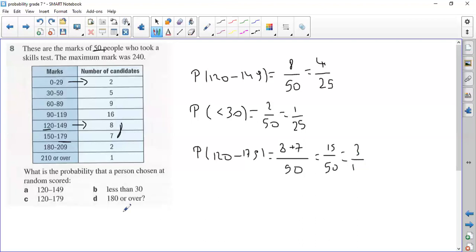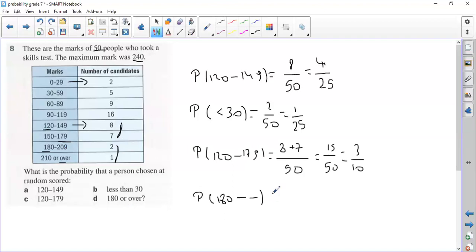180 or over means it starts here and finishes at the maximum one, which is 240. So I have to take these two now. So the probability for 180 or over, it means continuous like this.